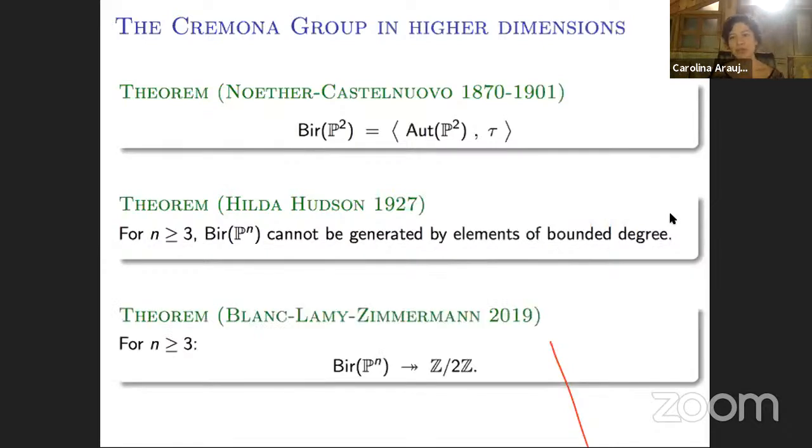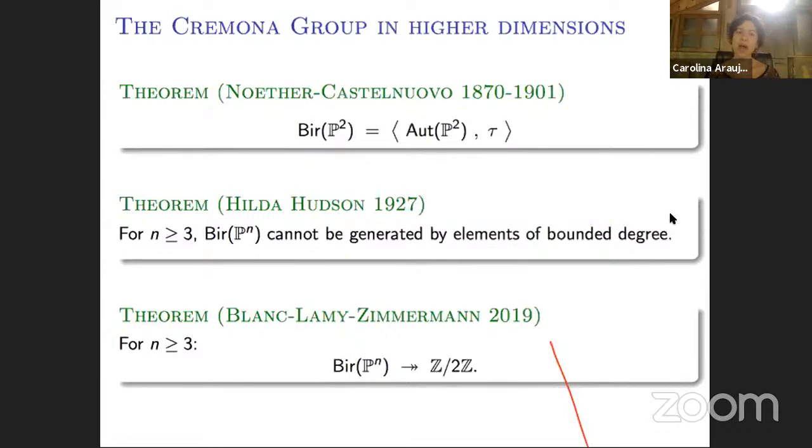Let me just mention this beautiful theorem by Blanc, Lamy, and Zimmermann. They produce many quotients of the Cremona group which are isomorphic to the cyclic group of order 2. So in particular, they show that also in higher dimensions, this group is not a simple group.